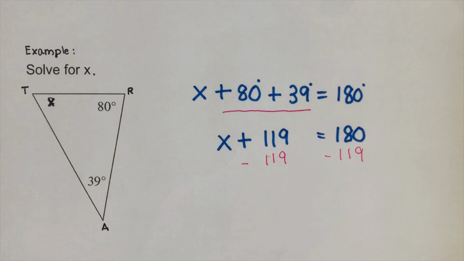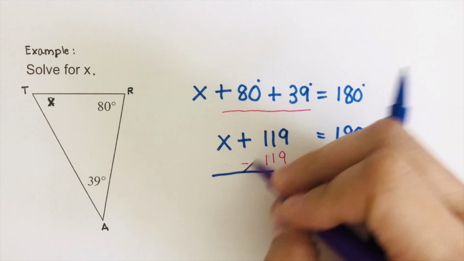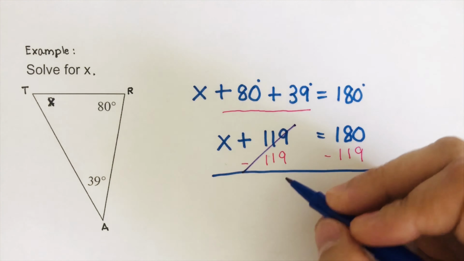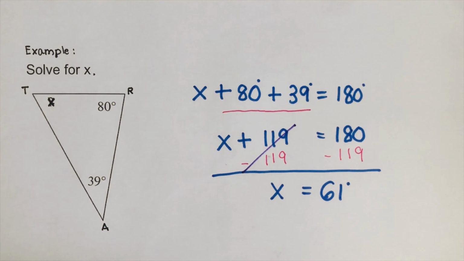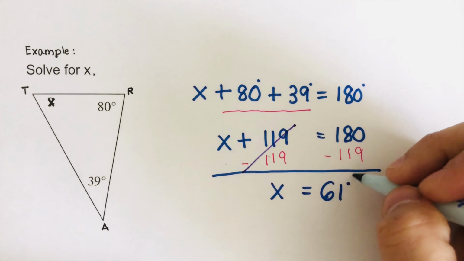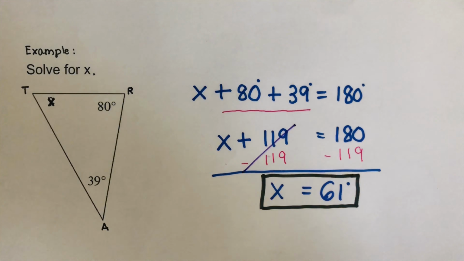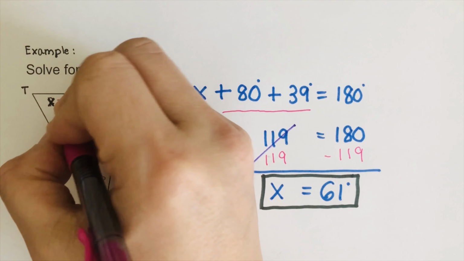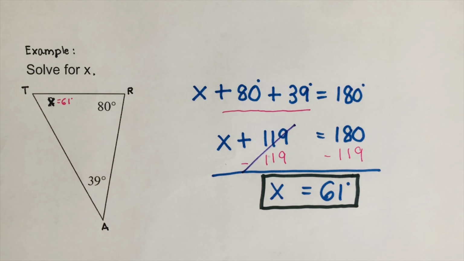Then we go ahead and cross out the 119. And so we are left with X is equal to 61 degrees. We can put the 61 right here. And if we add 61 plus 80 plus 39, that is 180.